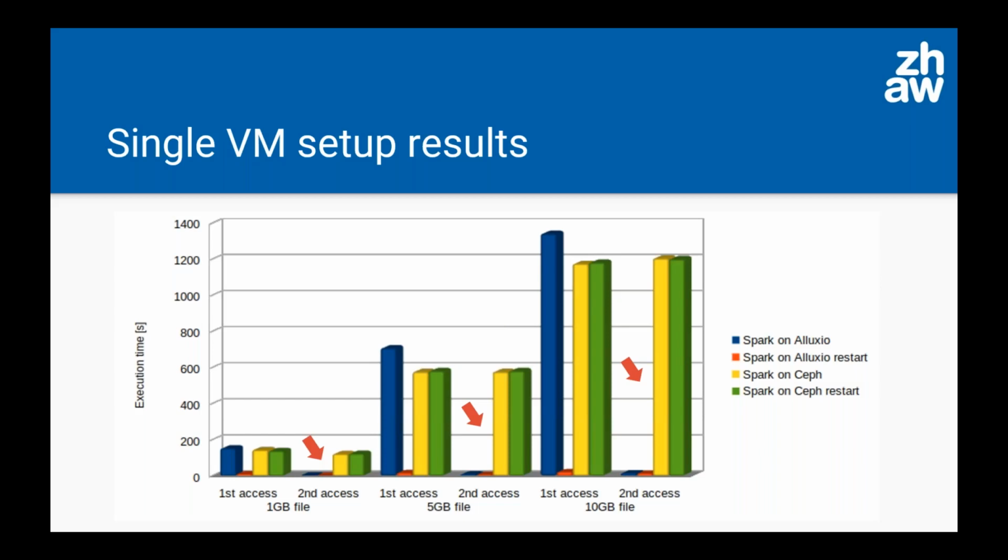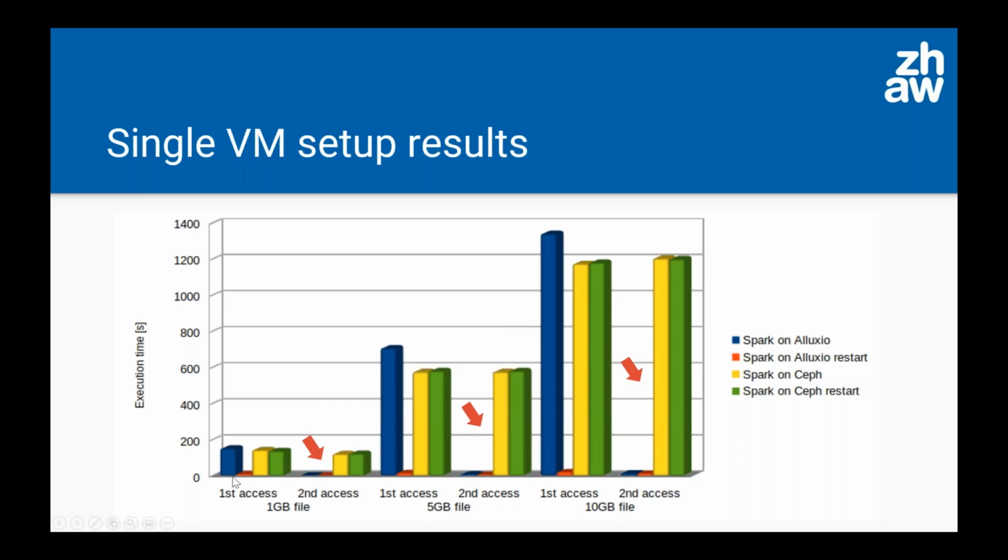So the whole application was restarted, and as expected, nothing changes there. The yellow histogram and the green histogram are in all cases the same. This means that if you start on Ceph fetching an object, fetching a text file, and do the computation there, then turn off everything and repeat the same procedure, there is no difference in execution time.